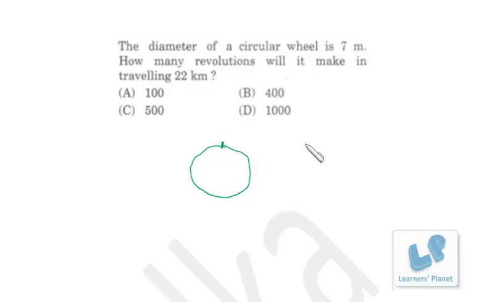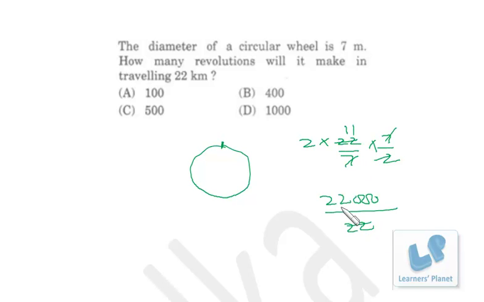So the circumference is 2 pi r, so 2 into 22 by 7 into r, where the radius is 7 by 2. This is the distance covered in one revolution, which is actually 22 meter. So in traveling 22 kilometer, that is 22,000 meters, there will be 1000 revolutions.